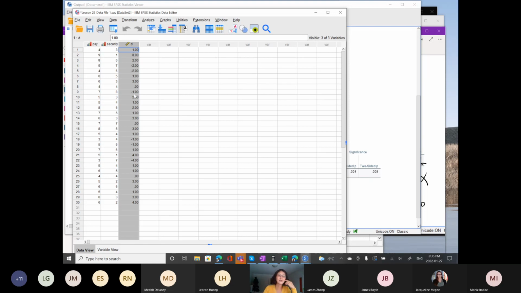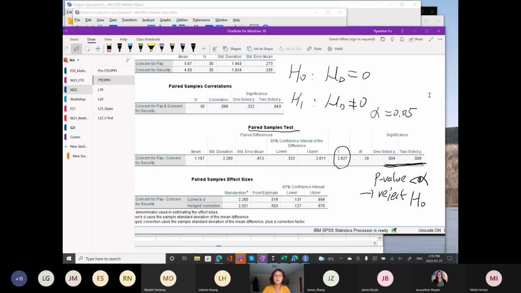So the difference here just represents the sample. I want to say behind this sample, there are populations. I want to ask if the population mean for those differences is equal to 0 or not. That is my hypothesis. For this D, you have the average, but behind those samples, you also have the population. So I just want to explain what mu D is, the mean of the difference for the population.